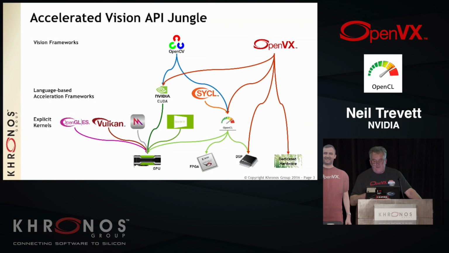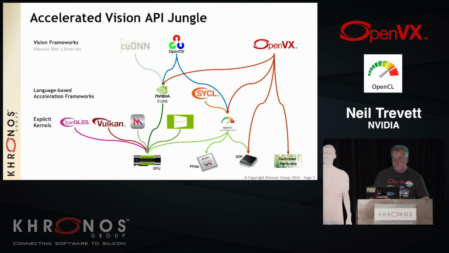So OpenVX will run over libraries, or you can run directly over hardware, even down into DSPs. And the idea is that OpenVX is a higher level of abstraction, so you can easily take your code across those diverse hardware architectures without needing to change your code at all. And I'll explain how that works during this session.